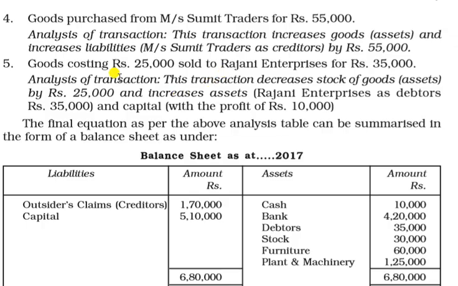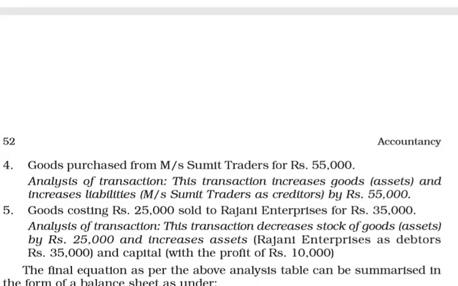So goods, that is stock, is reduced by 25,000, so assets reduced. Another asset is created for 35,000. Why? Goods of 25,000 value are sold for rupees 35,000, so the profit is 10,000. That profit will be added along with capital. So in the accounting equation, assets are always equal to liabilities plus capital.